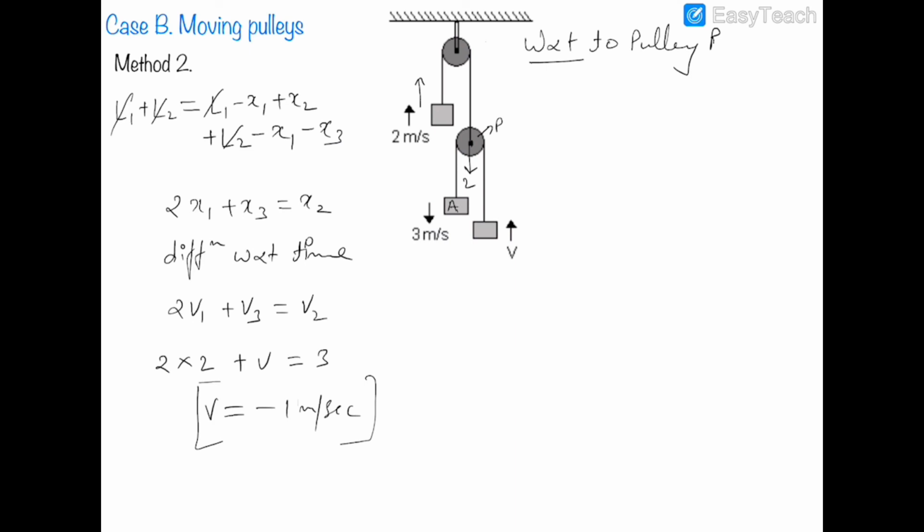This is block A. So its relative velocity with respect to the pulley will be 3 minus 2. And the relative velocity of this block will be V plus 2. So this is 1 and this is equal to V plus 2, and V will be equal to minus 1. So we can verify our answer by method 1.